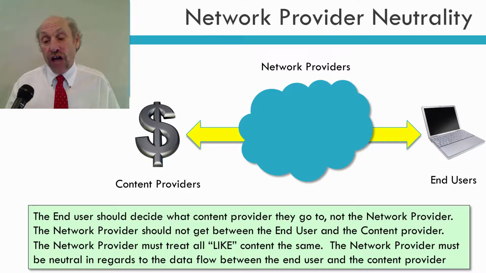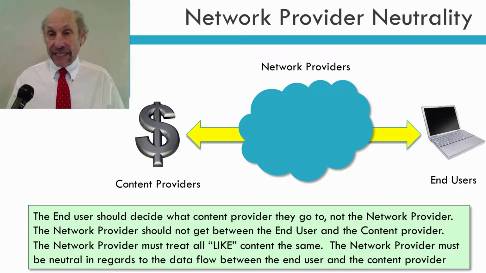The network provider should not get between the end user and the content provider. The network provider must treat all like content the same. The network provider must be neutral in regards to the data between the end users and the content providers. All right. Essentially, that's what it is, but it's not that easy.